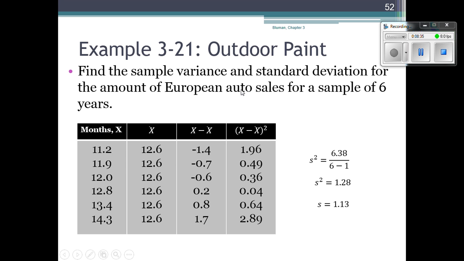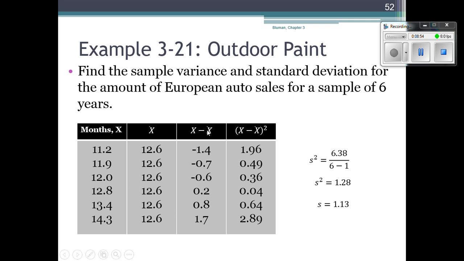Sorry, I don't think it was a specific company; I think it was all European auto sales. So we got 11.2, 11.9, 12, 12.8, 13.4, and 14.3. I averaged them out, I'm not showing you that right here, and you got 12.6.